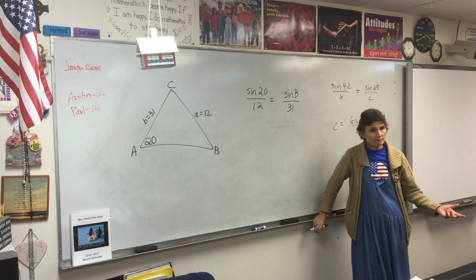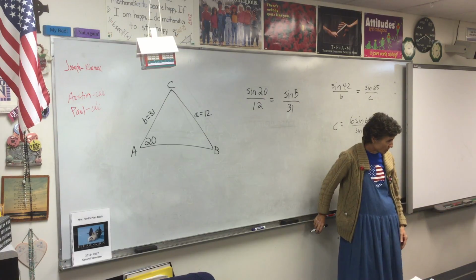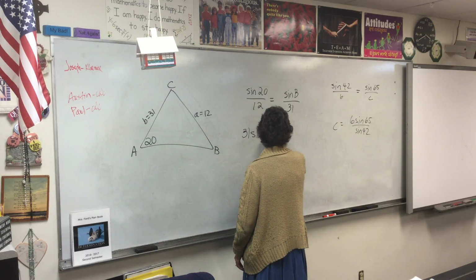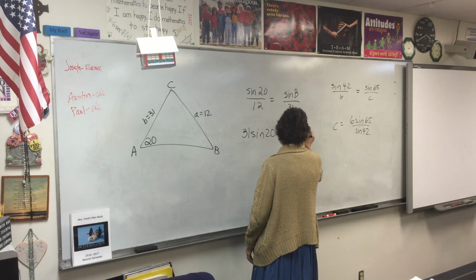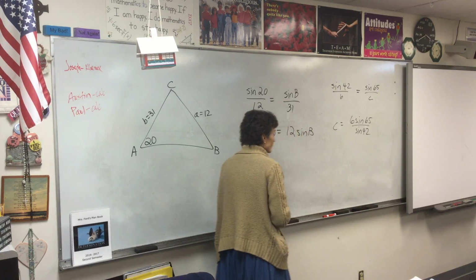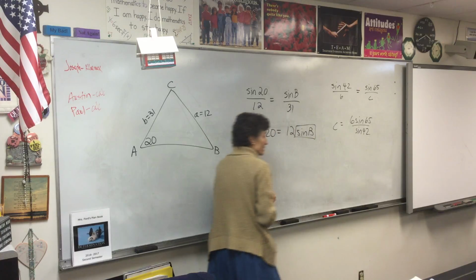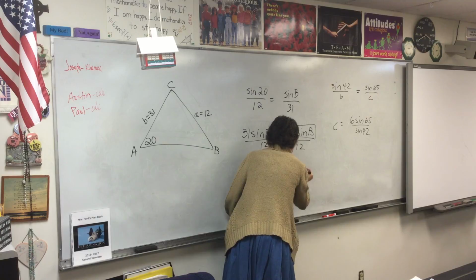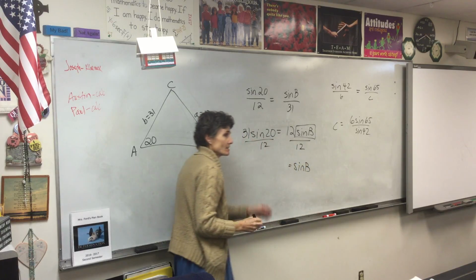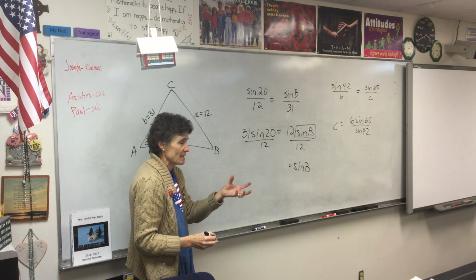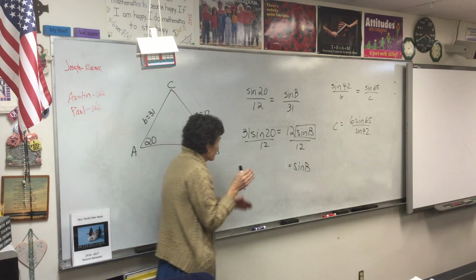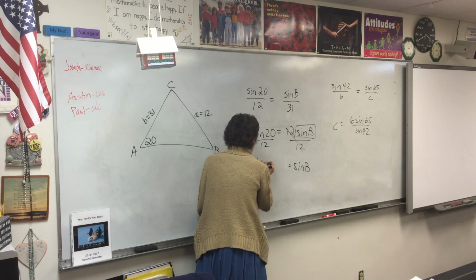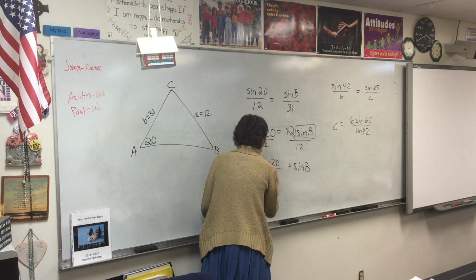Well, that's okay. Can we still cross multiply? Yeah. So we have 31 sine 20 equals 12 sine B. Now, that's your variable, so you're going to divide both sides by 12. So sine B, remember, you cannot split up sine and B. They stay together. So I end up with sine B equal to 31 sine 20 over 12.